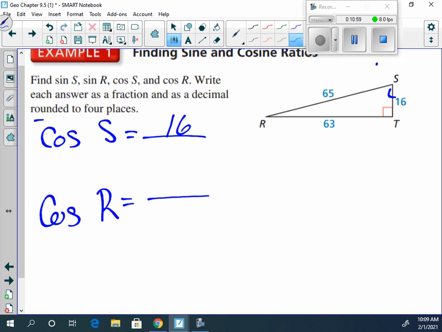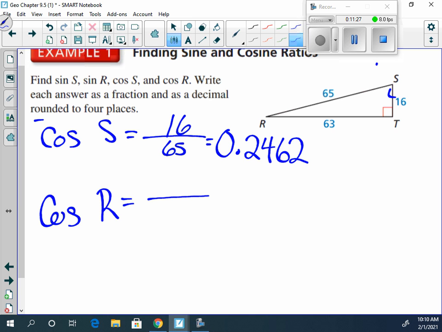Right next to that angle, it's adjacent. And the hypotenuse is? Which will give us 0.2462. Well, wait a minute. Did we have that one already? We already got that decimal once before, didn't we?